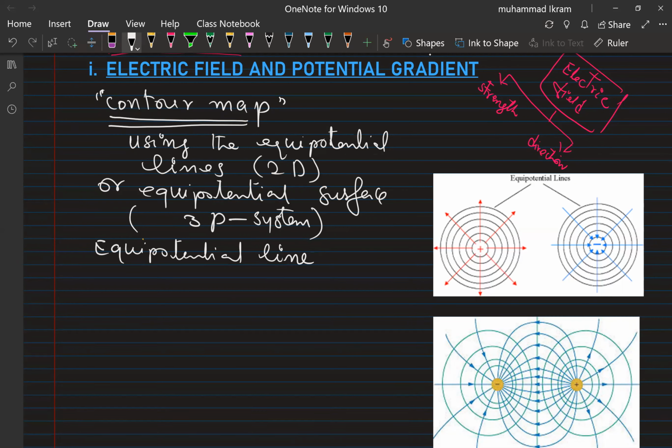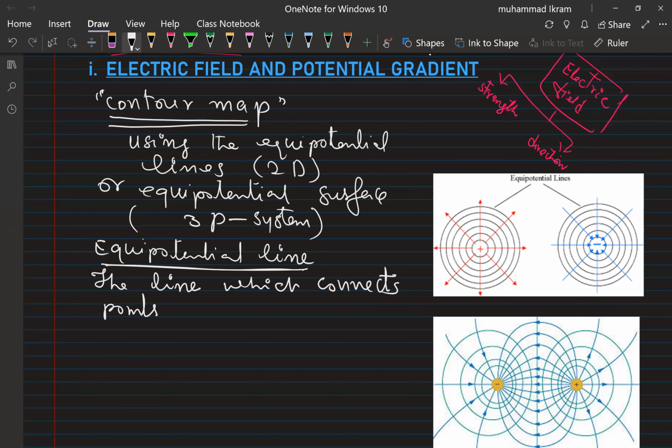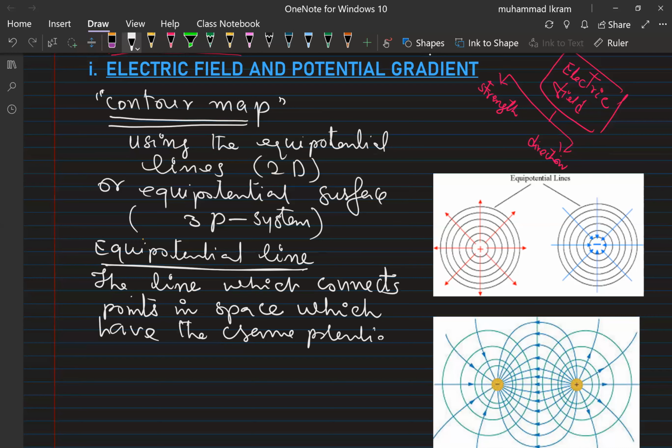Equipotential lines are the lines which connect points in space which have the same potential. That is for the 3D system, sorry. The equipotential line is the line where all the points have the same potential.